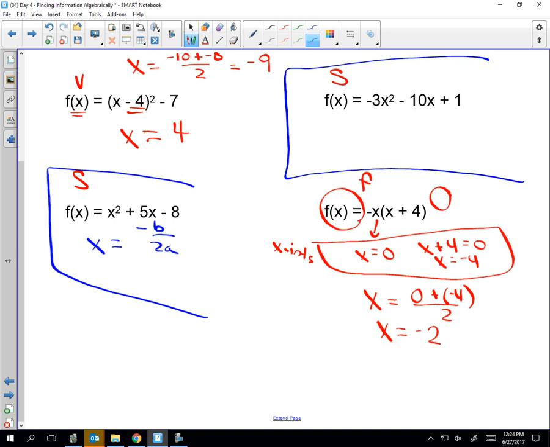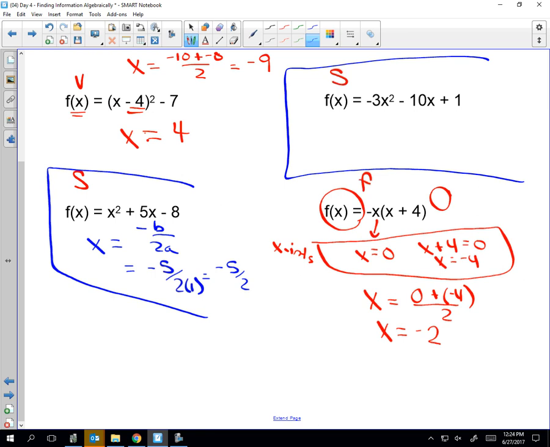And we can just pull the values out to do that solution. So we've got minus 5 over 2 times 1, or a negative 5 halves for that axis of symmetry. Okay, so that one isn't even a perfect point, which can happen at times as well.